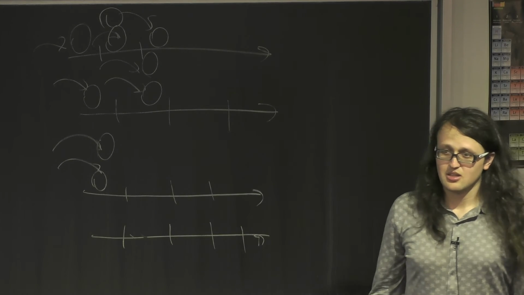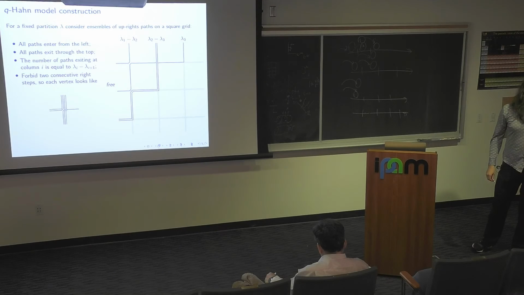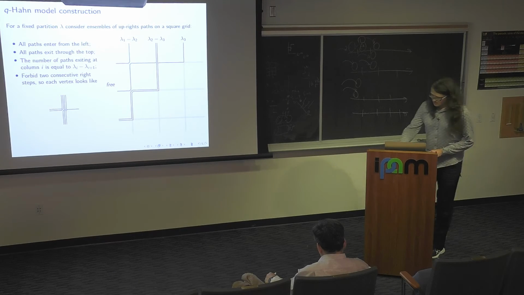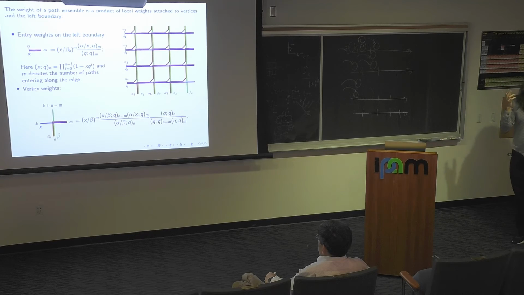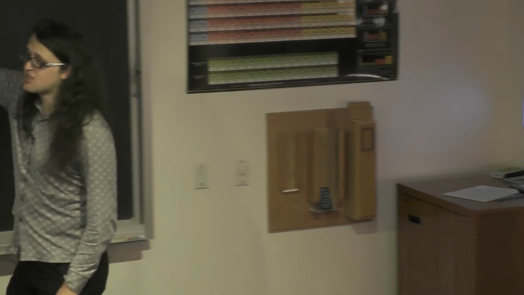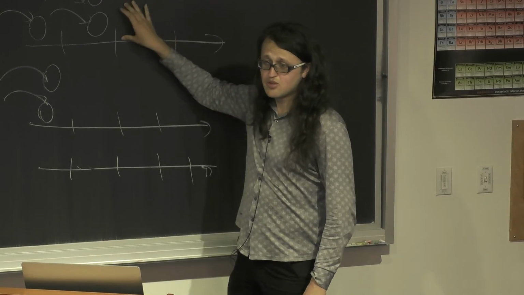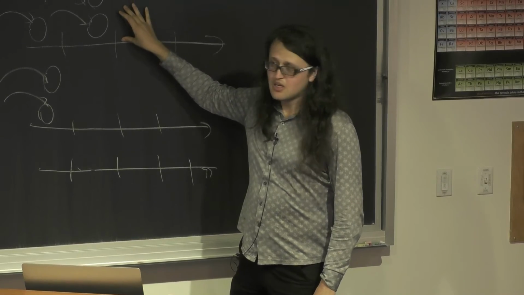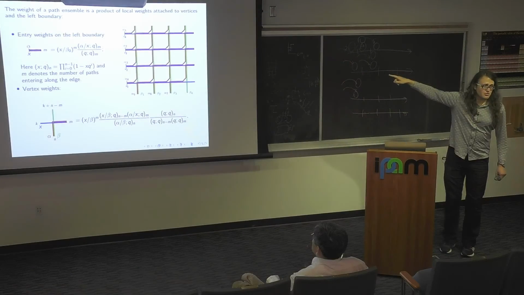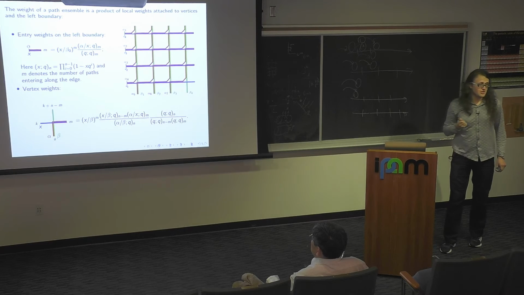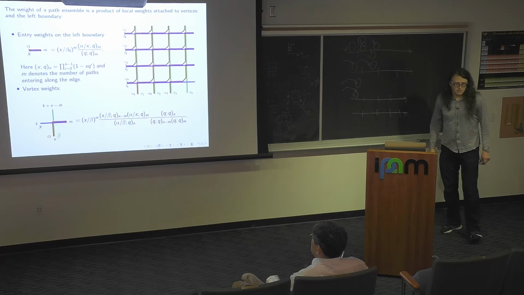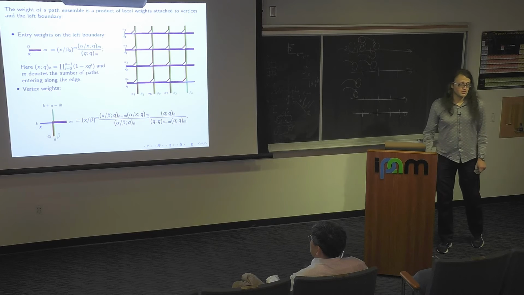And is there an entrance law? Yes, the weights here determine the probabilities of what is actually happening. The vertex weights determine the probability of how many particles I take from one space and move 1 space to the right, and these boundary weights on the left boundary determine the distribution of how many particles are entering at each time moment into this model.